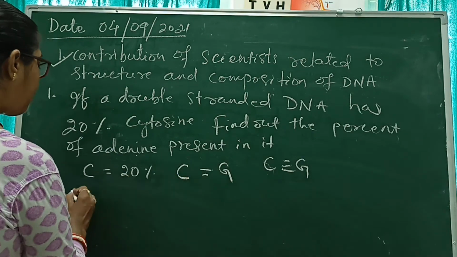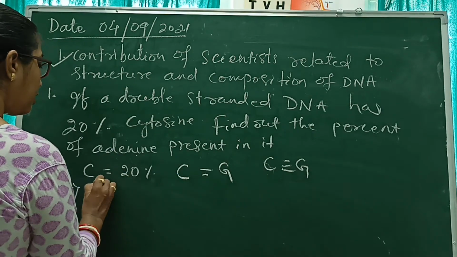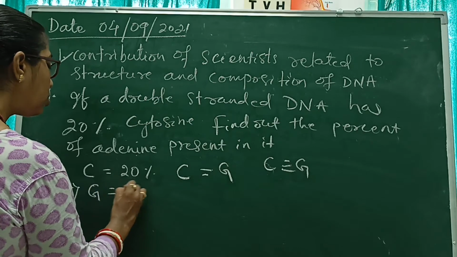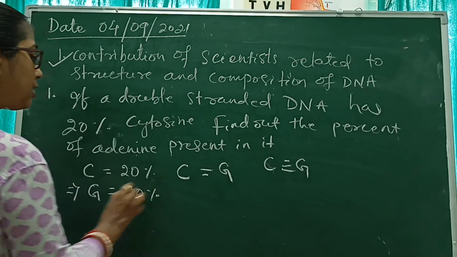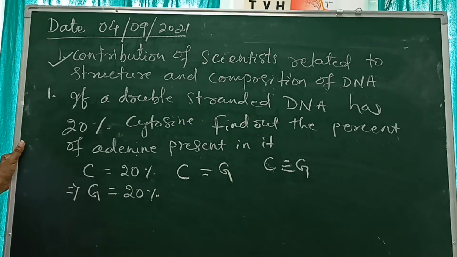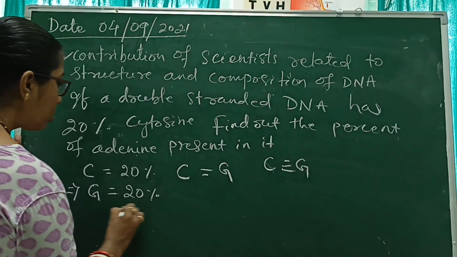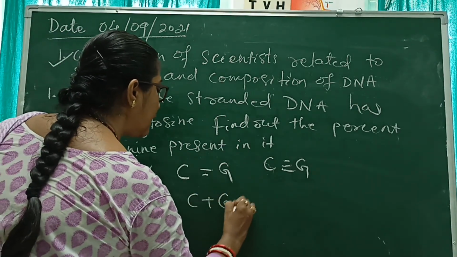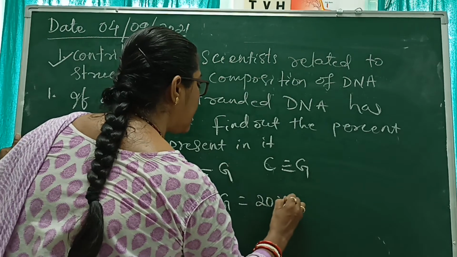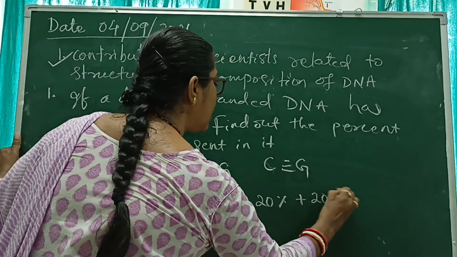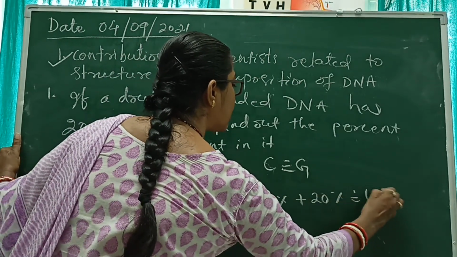That implies that G is also equal to 20%. So what is C plus G? C plus G is equal to 20% plus 20%, which is 40%.